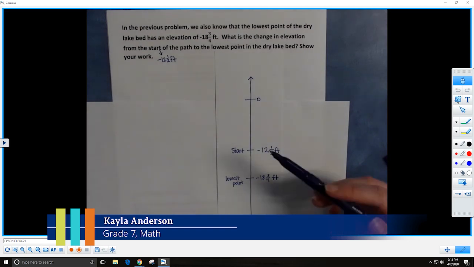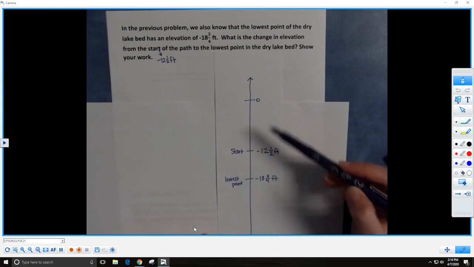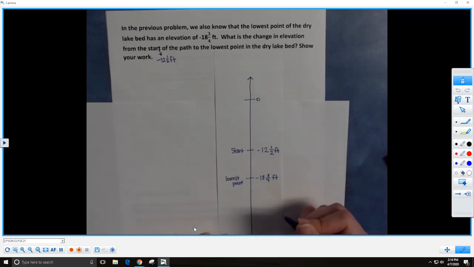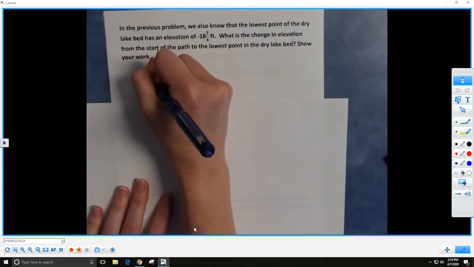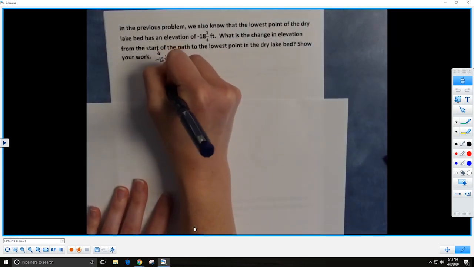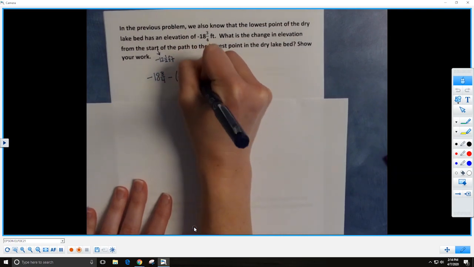Okay, so we are finding the change in elevation from the start of the path here to the lowest point. Now that we've looked at the number line, let's write an expression. I hope that for your expression you came up with negative 18 and 3/4 minus negative 12 and 1/2.